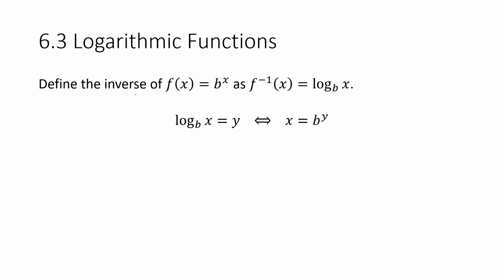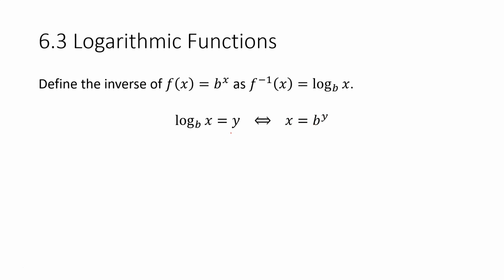So the basic definition of a logarithm is to think of it as the inverse of an exponential function. So for instance, if f of x is equal to b to the power of x, then the inverse, f inverse of x, is equal to log base b of x. So this has the basic property that we can take an equation of the form log base b of x equal to y, and interchange it into an exponential form, x equals b to the power of y.